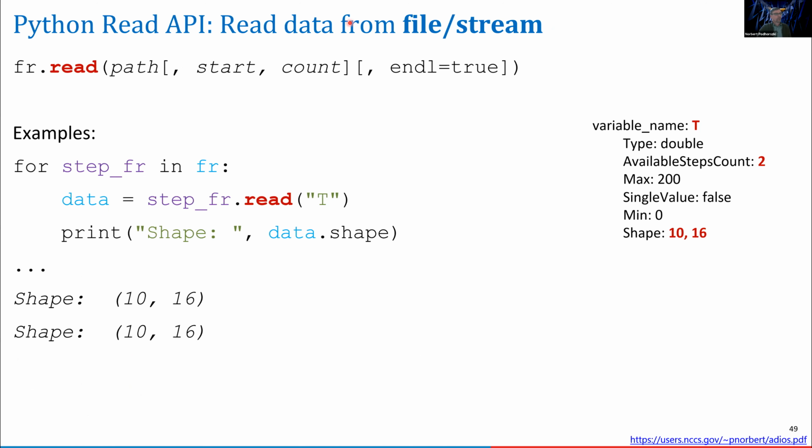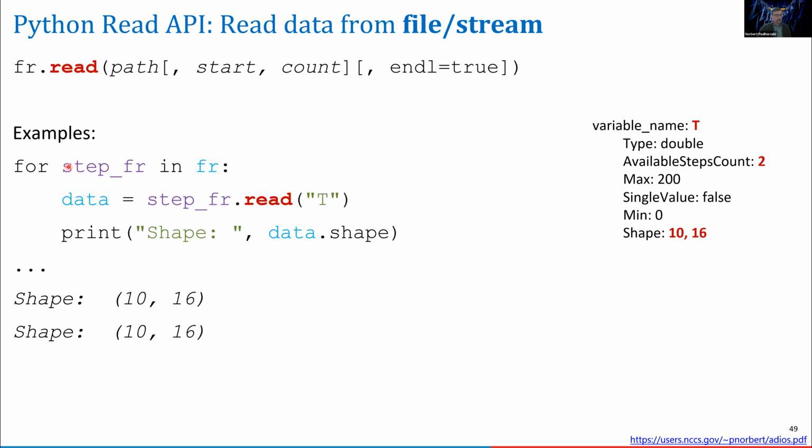And there is another construct in Python, which is for step in the file IO handle. This construct will step through the entire file or the stream. In that loop, you have access to all the variables in a given step, and you can read those.